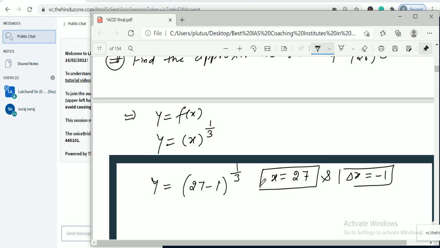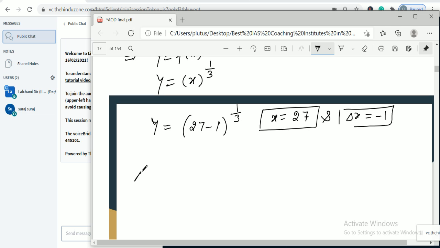And we need to find delta y value. And what is the value of delta y? dy by dx into delta x, isn't it? This is the value of delta y. So can you find out delta y now?